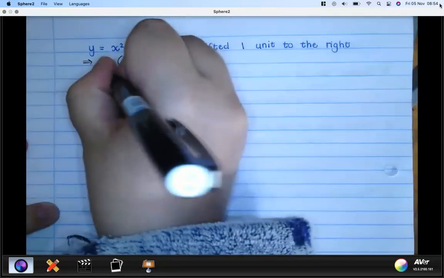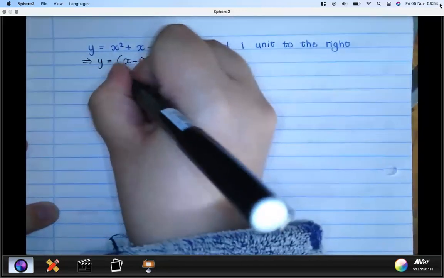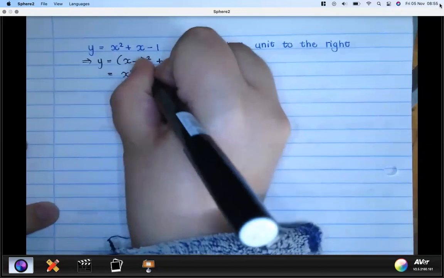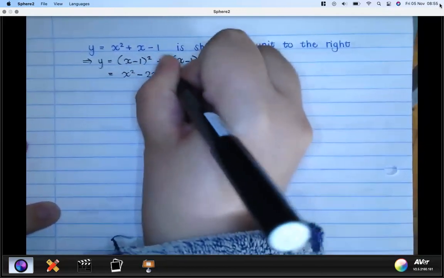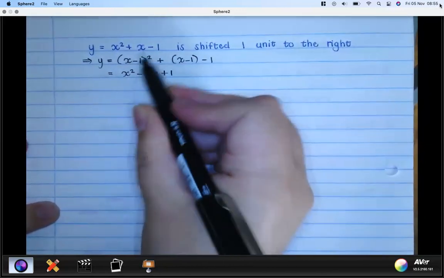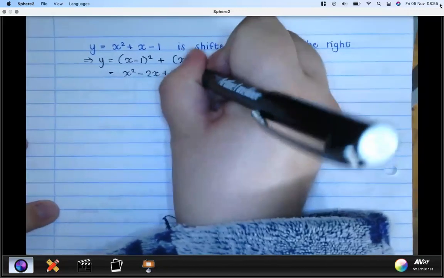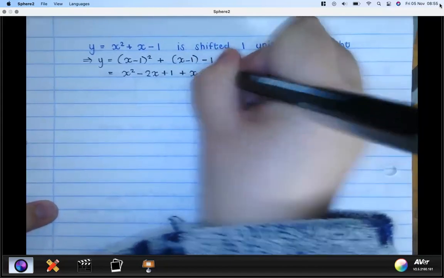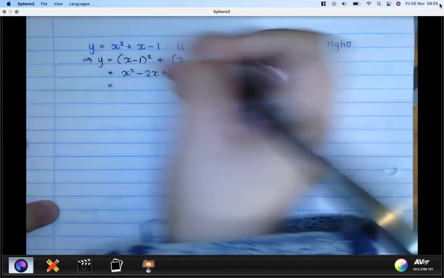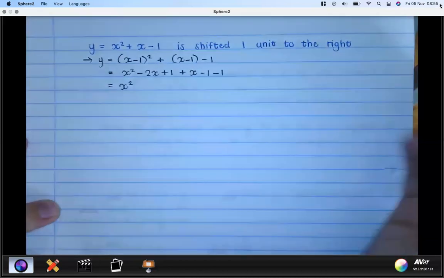Then from there, you would just have to square this bracket out. So I'm just going to do it quickly. It would give you x squared minus 2x plus 1. You can write x minus 1 and then FOIL them out. Plus x minus 1, minus 1. Now if I simplify that, I'm going to get the equation of the new parabola.